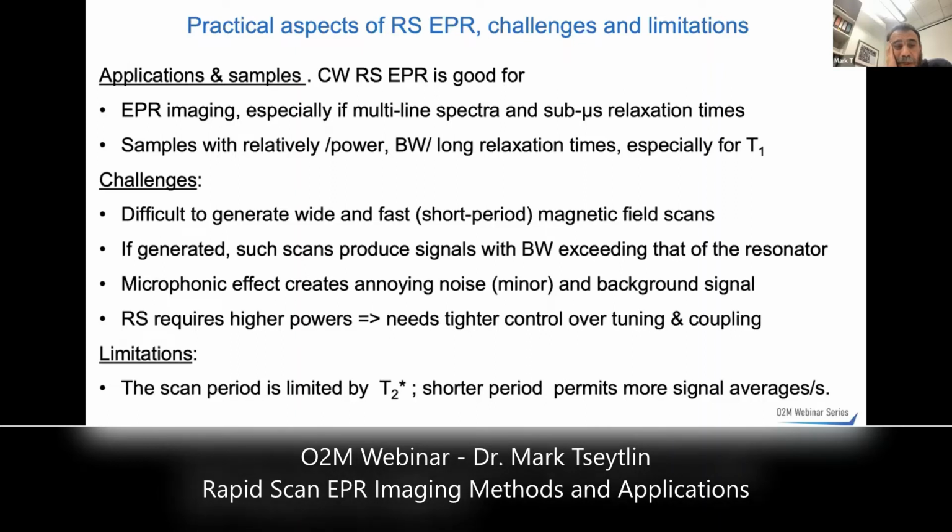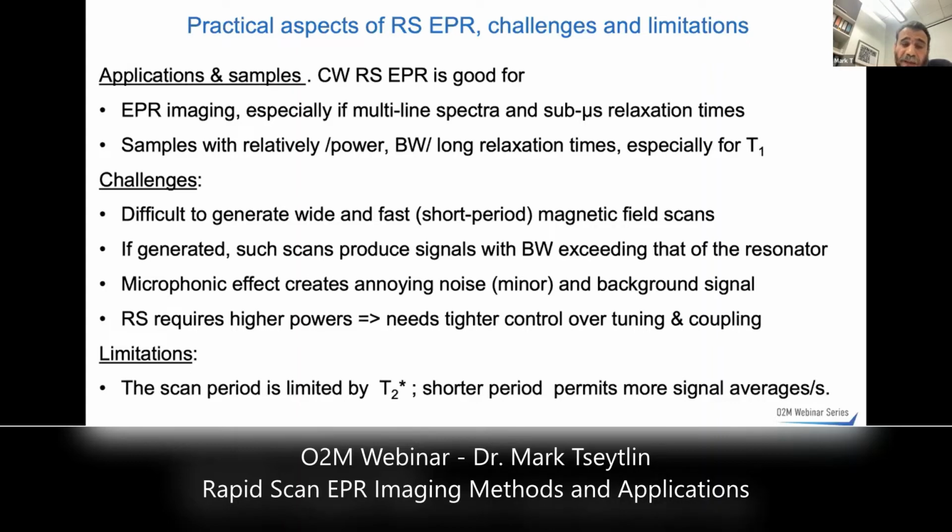There are some challenges. You need to generate wide, fast magnetic scans. You need to be careful that your bandwidth doesn't exceed the bandwidth of the resonator. There's a microphonic effect, which I briefly talked about.